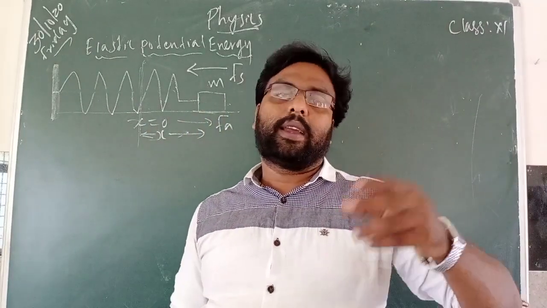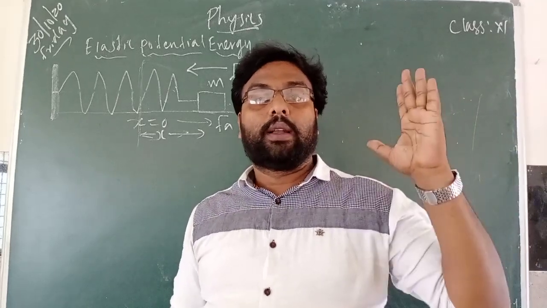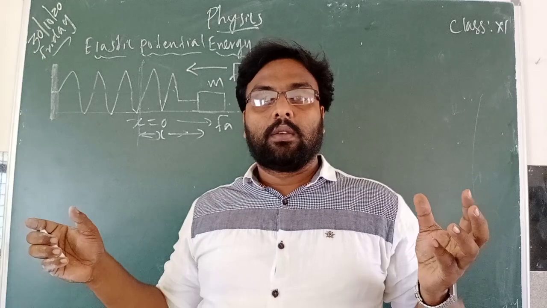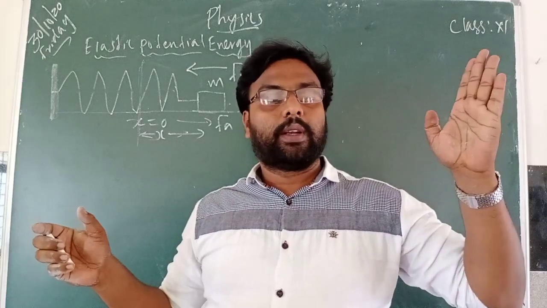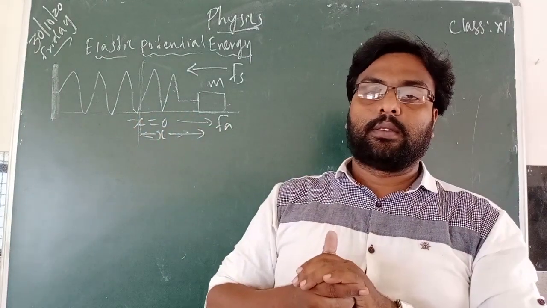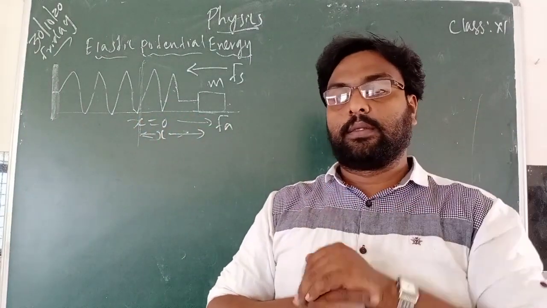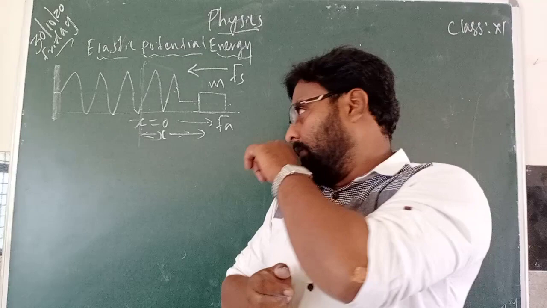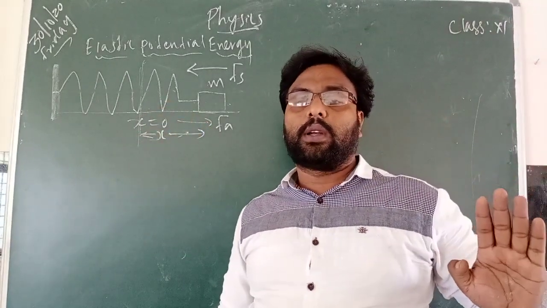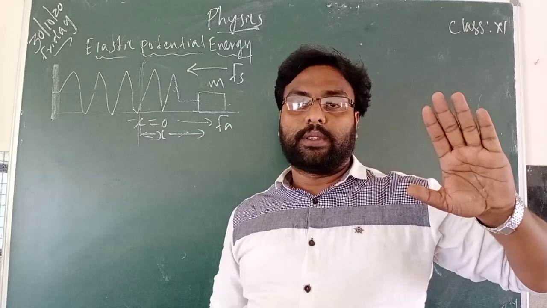Simple thing, you can write it like a story: one vertical wall, one spring, one mass. That is the spring mass system. Now x equal to 0 means the equilibrium position.